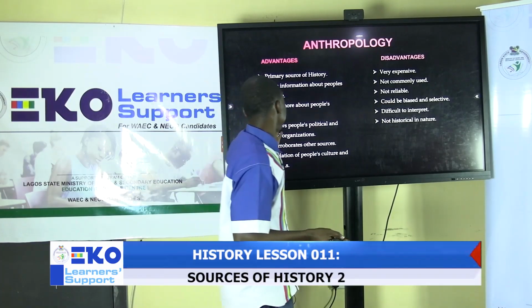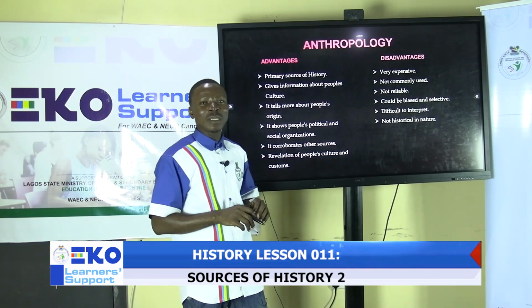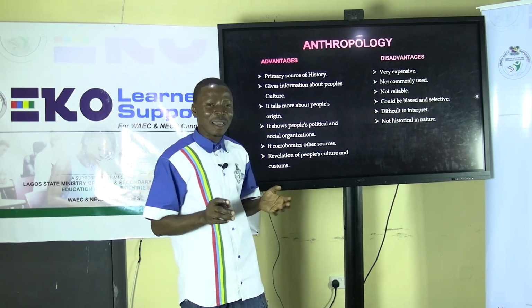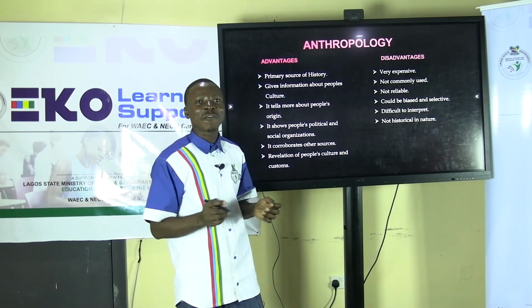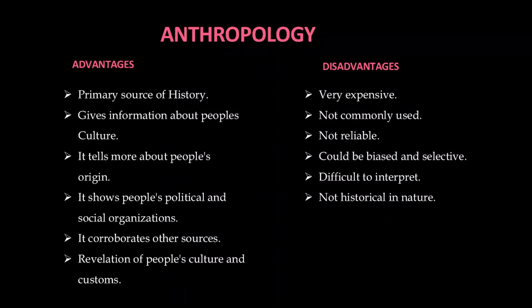It also tells more about people's origin. By observing the people, anthropology holistically understudies them, looking at every aspect of their history and origin, and it shows people's political and social organization.